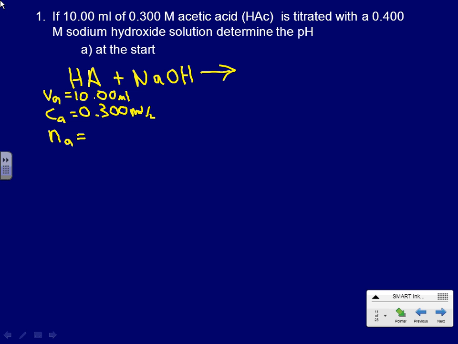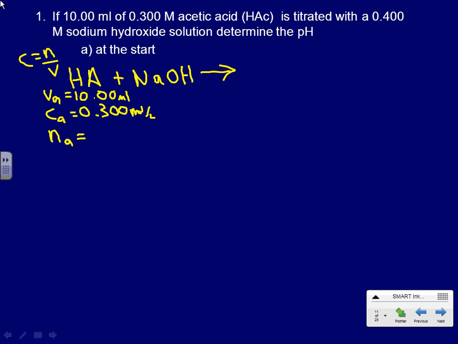We need to do a calculation. We need C equals N over V, which means N equals C times V. When you multiply C times V, and in this case, it's very handy to multiply milliliters by moles per liter, you end up with a unit of millimoles.